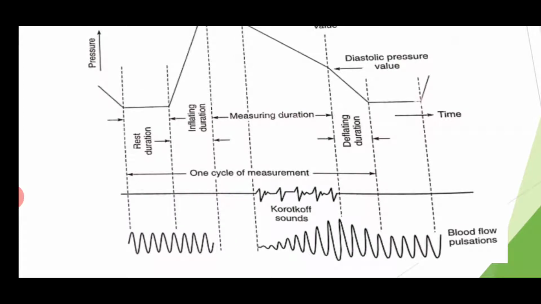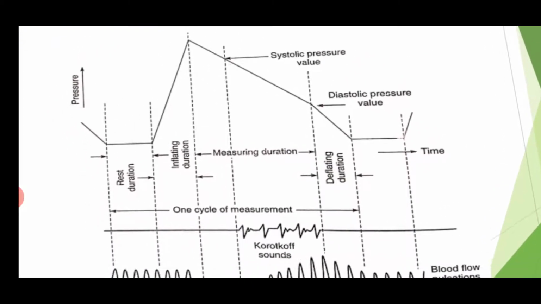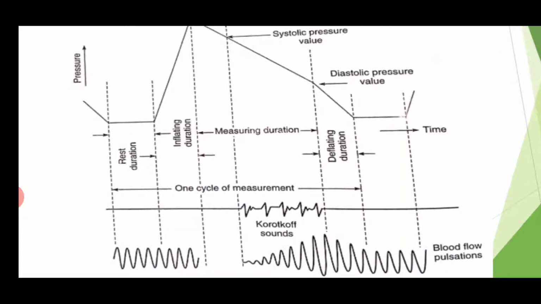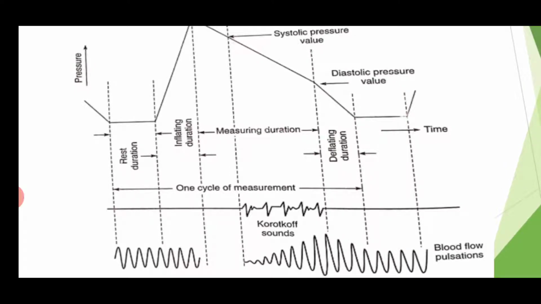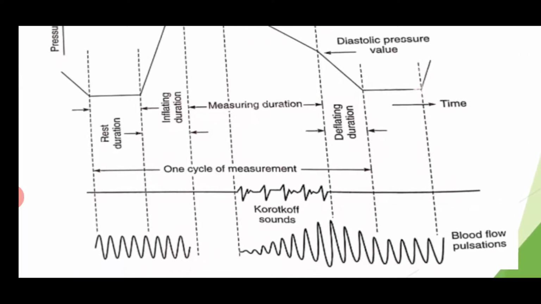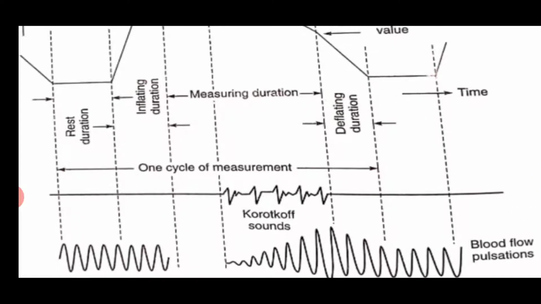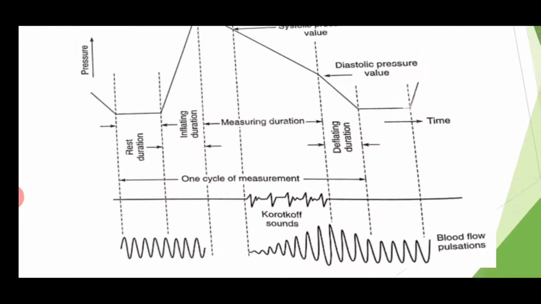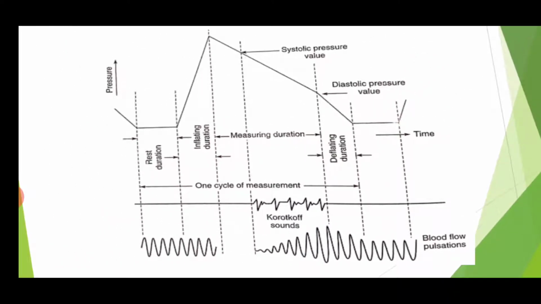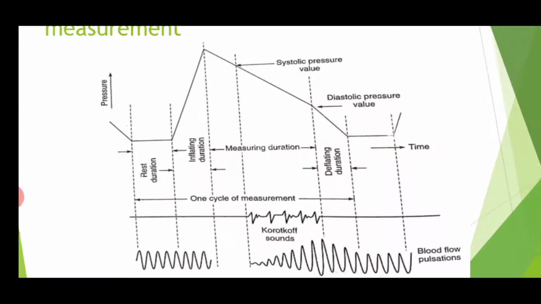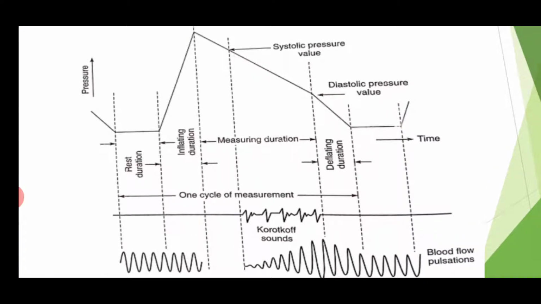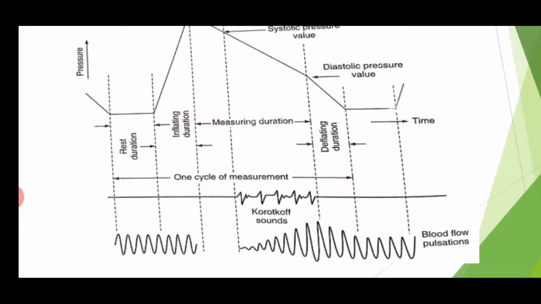Whenever the cuff pressure is just below the systolic pressure, we get a small flow of blood through the artery, and at that time we get some sound. This is where we show the sound. Again we release the pressure up to the diastolic pressure. If the cuff pressure is just below the diastolic pressure, then the sound from the cuff is stopped.